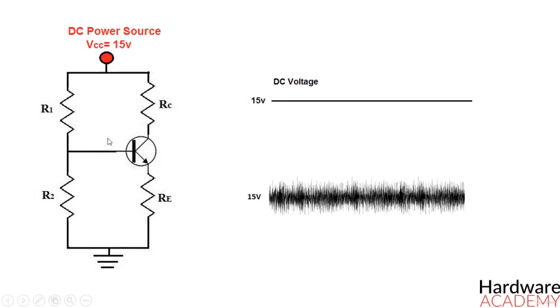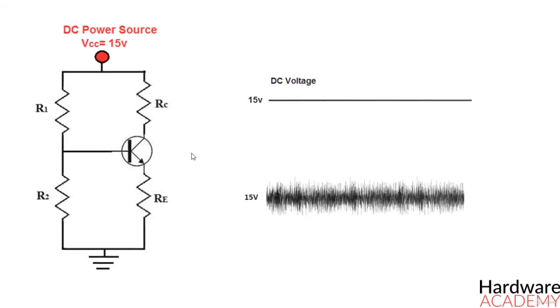This noise on the signal is AC ripple, and many times when using a DC power supply connected to an AC power outlet, it will have some of the AC noise transfer to the DC power voltage. AC ripple can also appear from other sources, so even batteries can produce noise. To eliminate this AC ripple, we use a bypass capacitor.